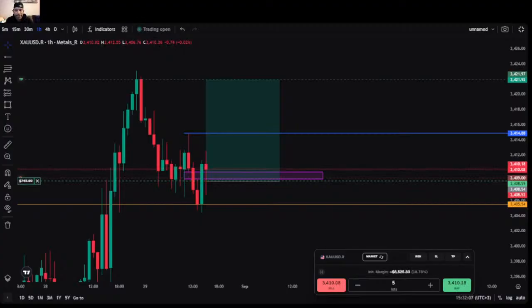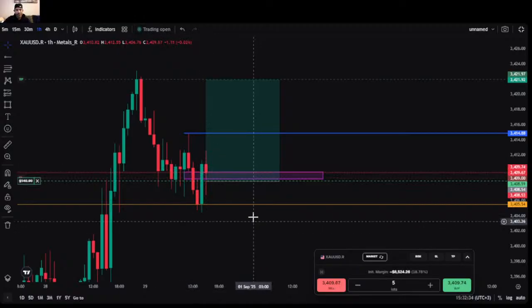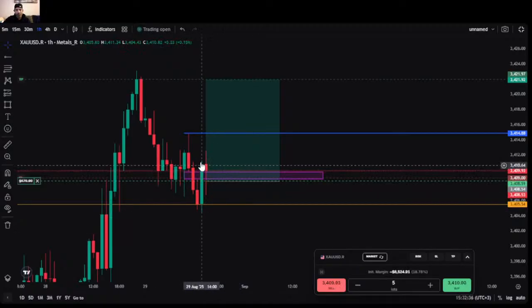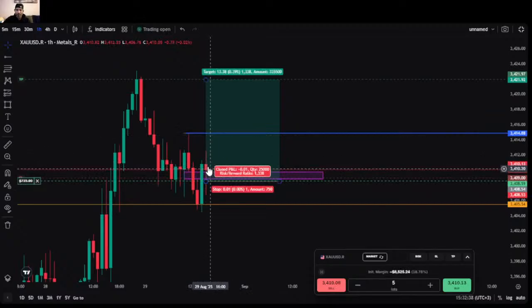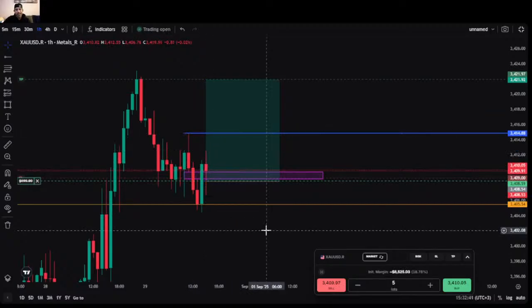Let's see. This thing's running back down here. Come on, gold. Flip. I mean, it already broke the previous high, so I would expect it to continue to move up, but let's see.